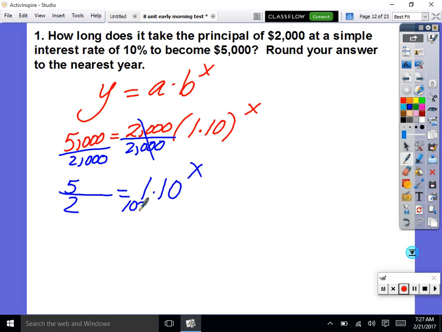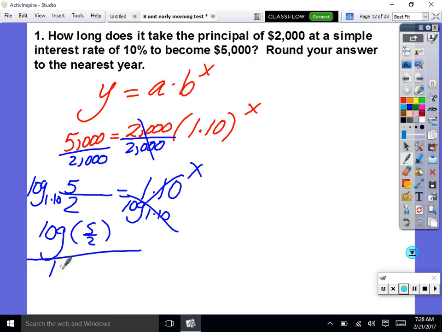So now won't we take log to the base 1.10 of both sides to bring this down? And now you have to use the change of base formula, so it's going to be log of 5/2 divided by log of 1.10 equals x.